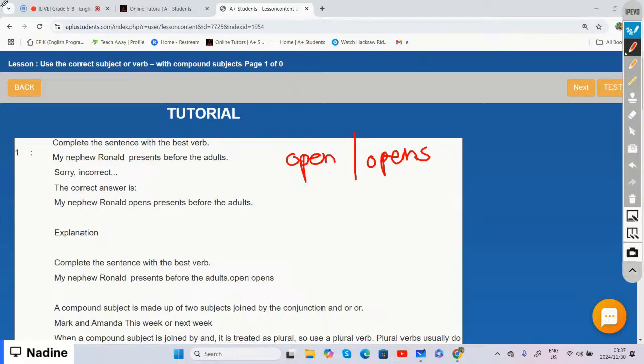All right. So we can then say, my nephew Ronald refers to one person, right? So we can then say he opens presents before the adults. So opens, because if you're referring to one person, then we say opens.